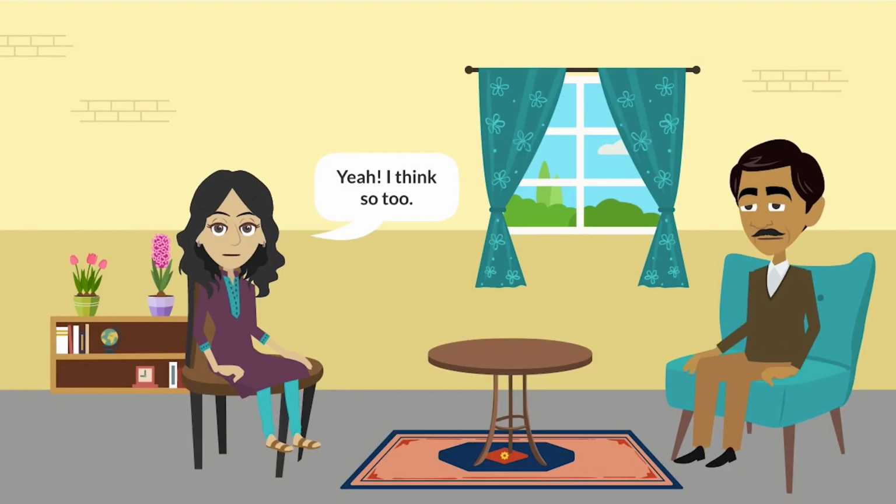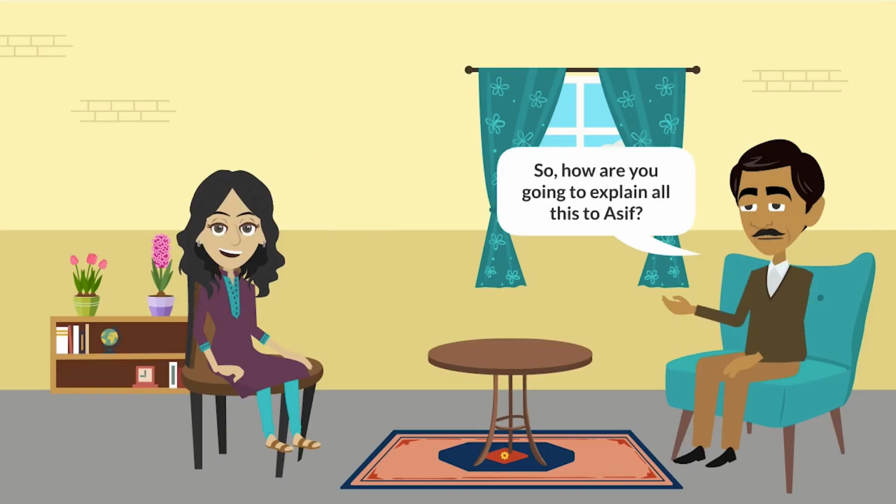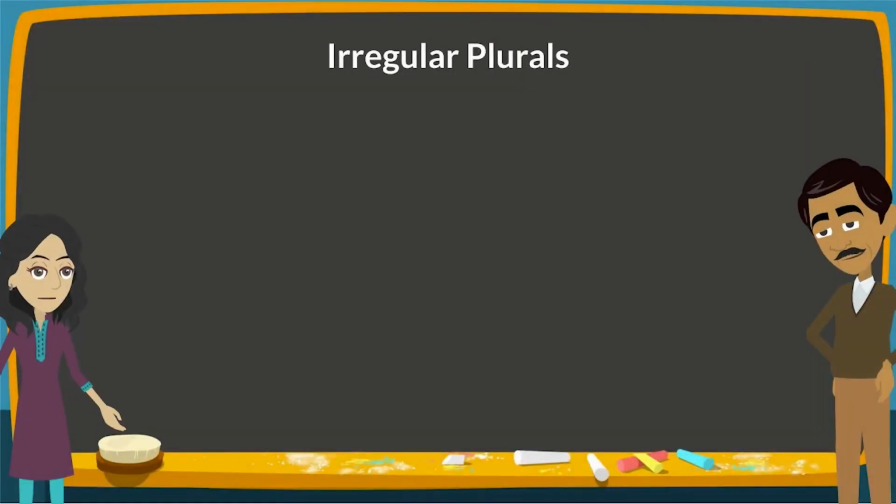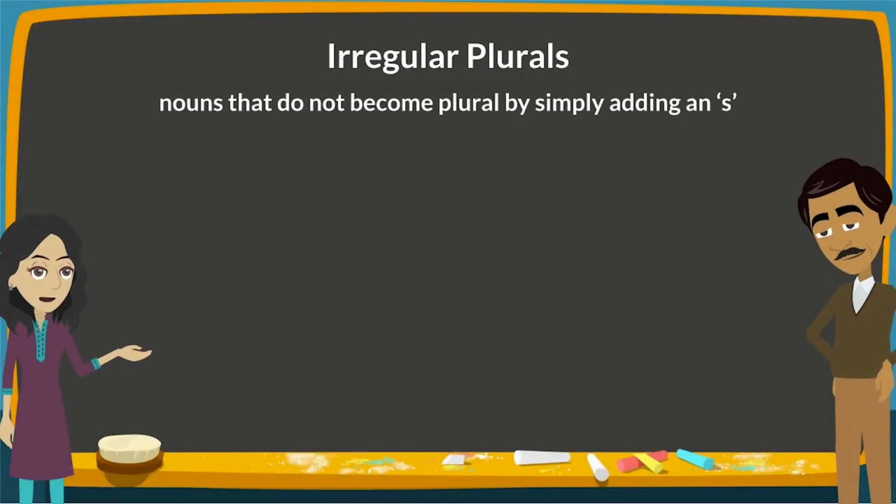Yeah, I think so too. So, how are you going to explain all this to Asif? Okay, so irregular plurals are nouns that do not become plural by simply adding an S. Although there are no hard and fast rules for irregular plurals, we can find some patterns.